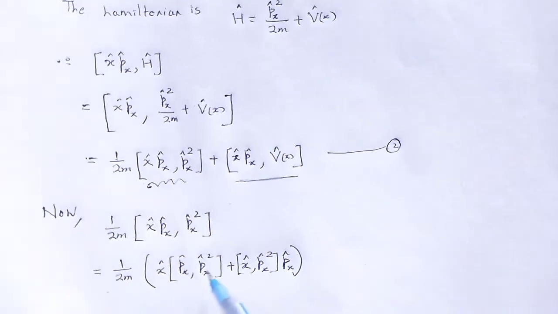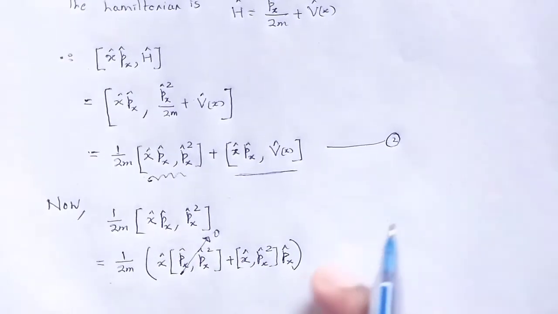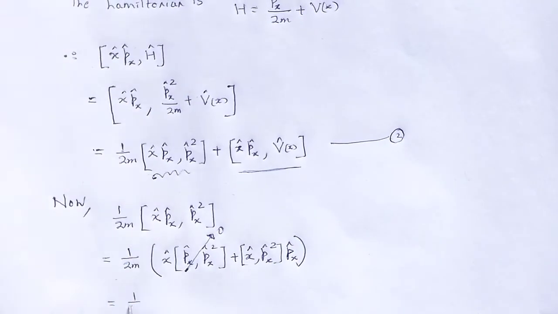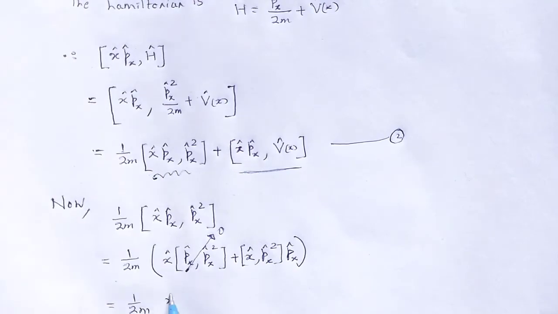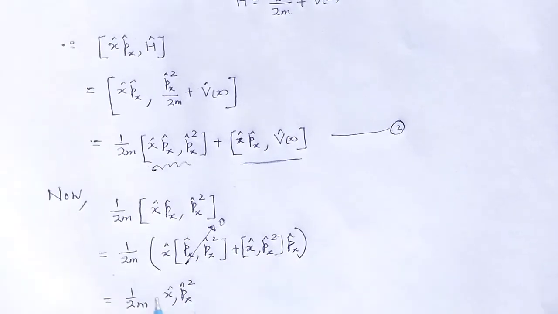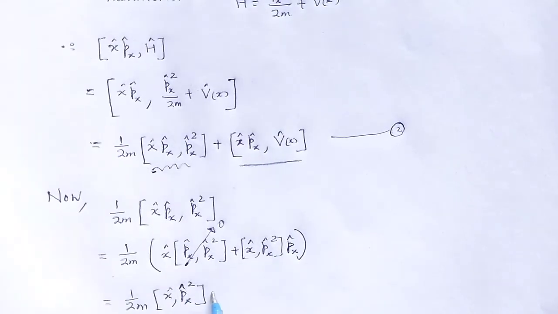This commutation relation will be 0, only one commutation relation exists: 1 by 2m, x cap px cap square commutation bracket with px cap.